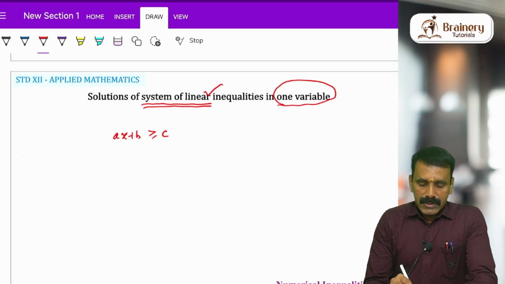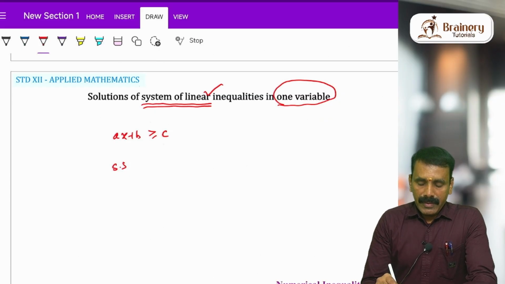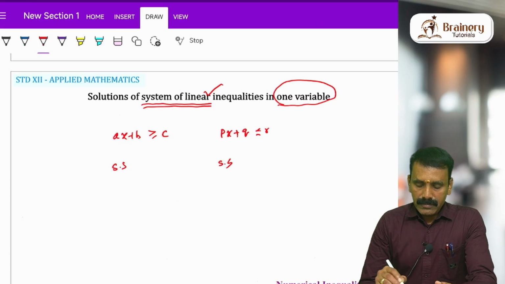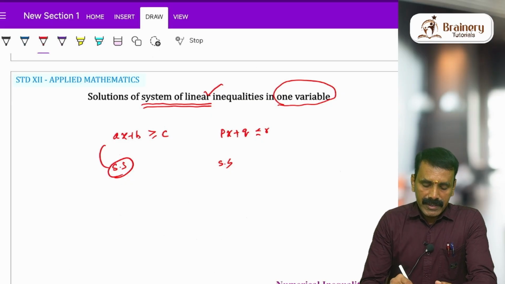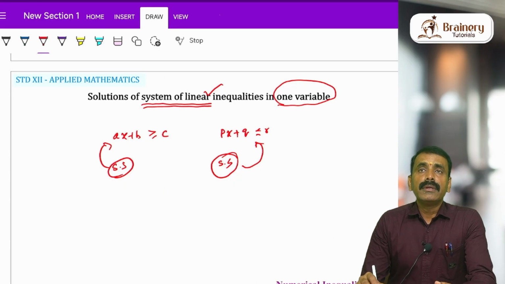We will get a solution set here satisfying this inequality. And we have another inequality px plus q less than or equal to r. We solve this linear inequality by previous methods and try to get the solution set. This solution set will satisfy this inequality and that solution set will satisfy the other inequality.